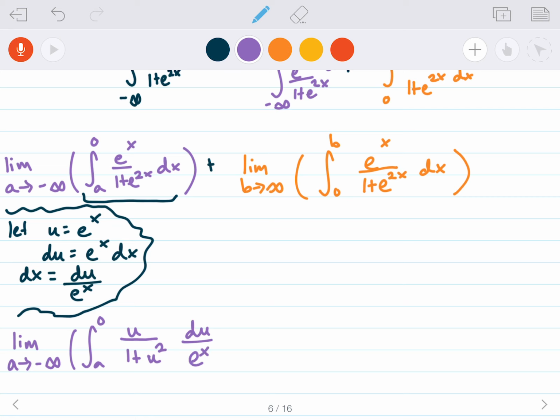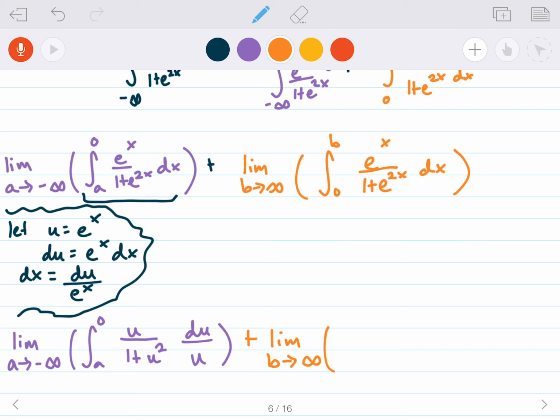And what's neat about this is this guy is the same thing as u, right? We just made the substitution here. So I can replace that with u. Let's do that. And I'll just carry everything else over just to be neat.